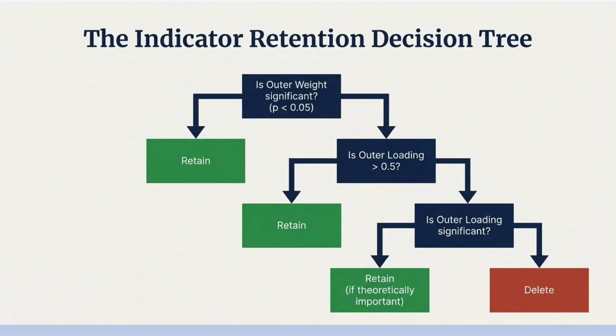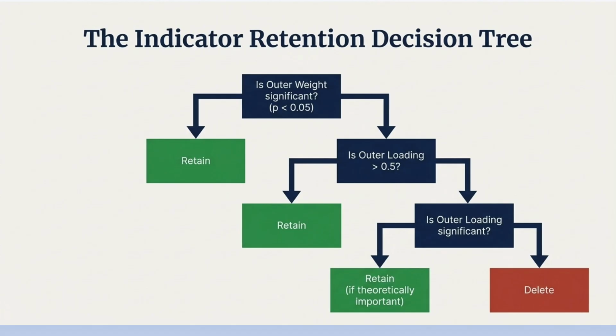Therefore, if the outer weight of the item is not coming significant, it does not mean that the item is not contributing at all. It only means that among the different items, that particular item is relatively less important.